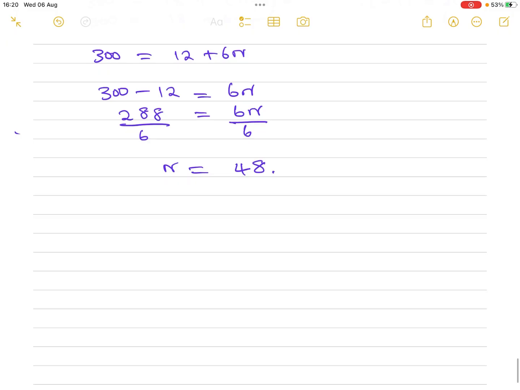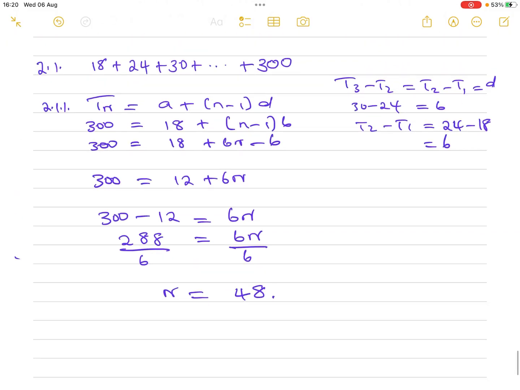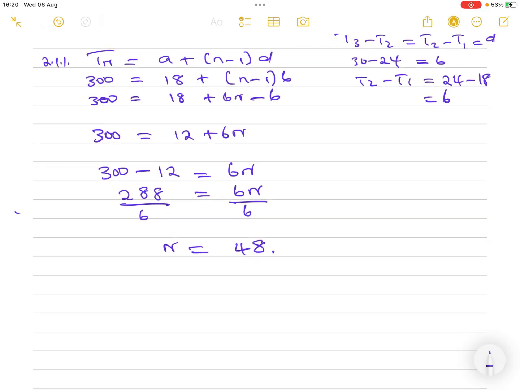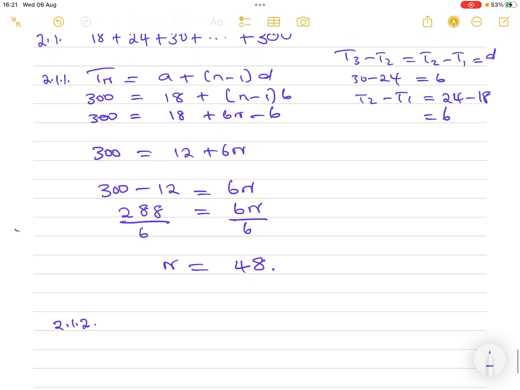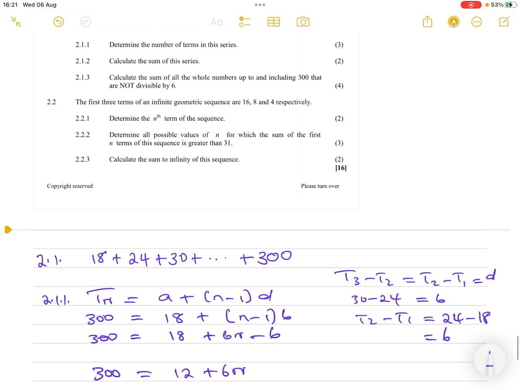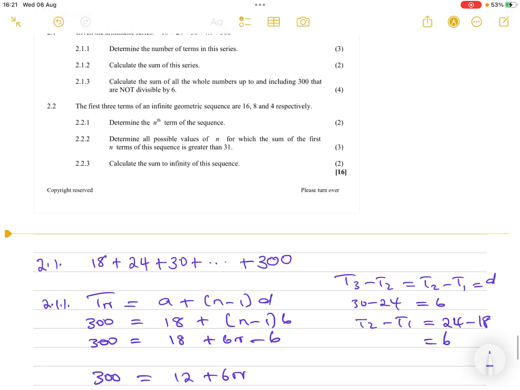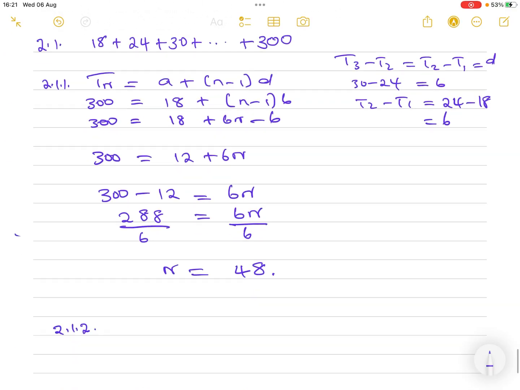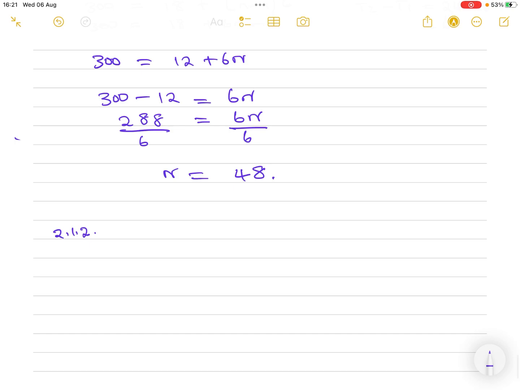And then moving forward, now we go to 2.1.2. Here we are required to calculate the sum of the series, and we are given 2 marks.